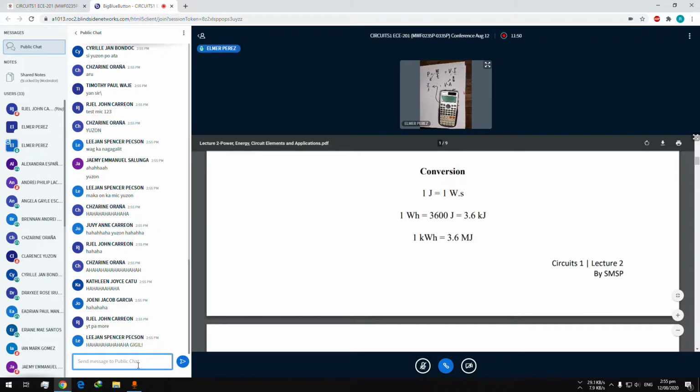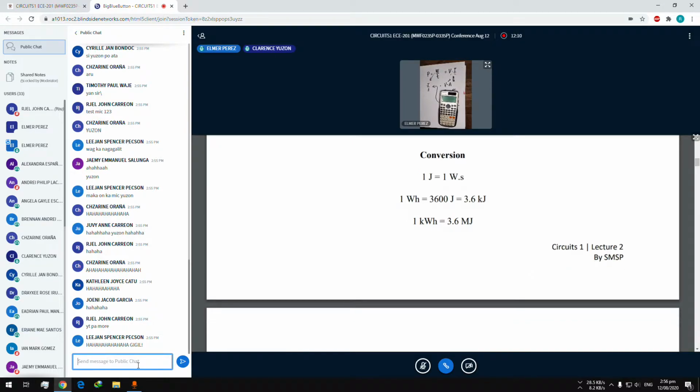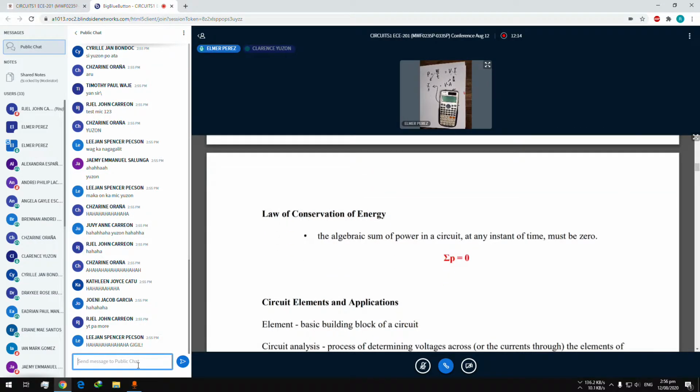Or 1 watt hour. So, kinonvert lang yung second into an hour. So, minultiply lang ng 3,600 because 1 hour is equal to 3,600 seconds. Or, that's equal to 3.6 kilojoules. And 1 kilowatt hour is equal to 3.6 megajoules. Sorry, megajoules.